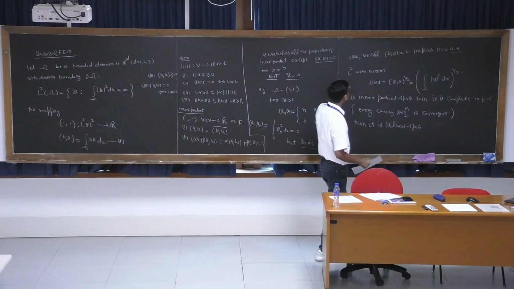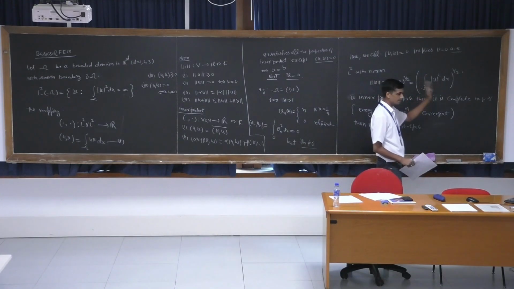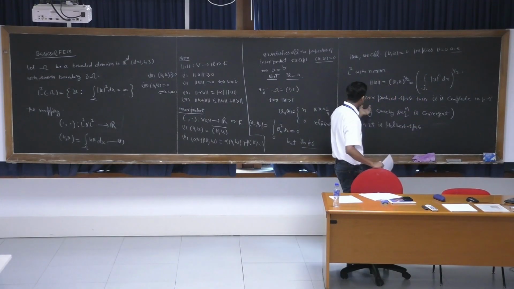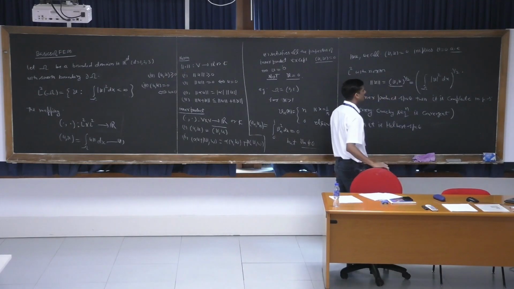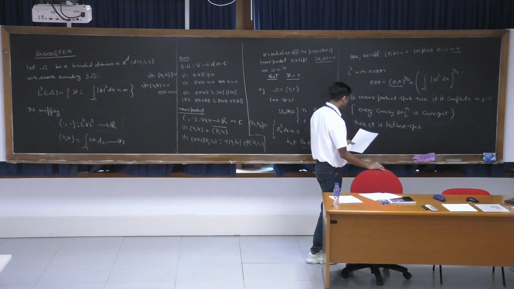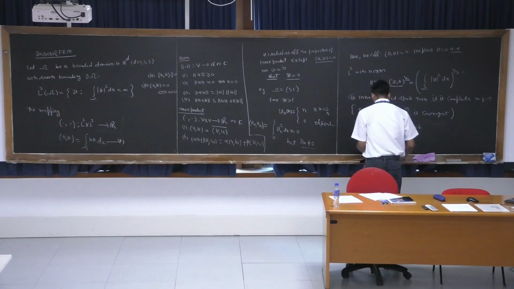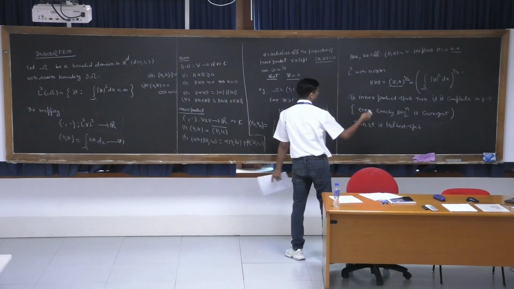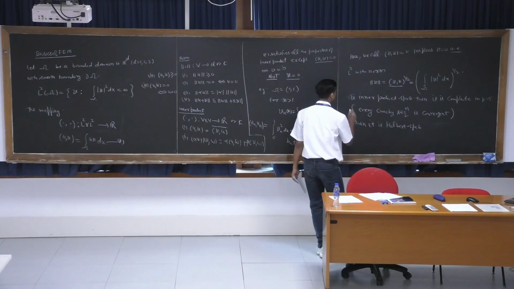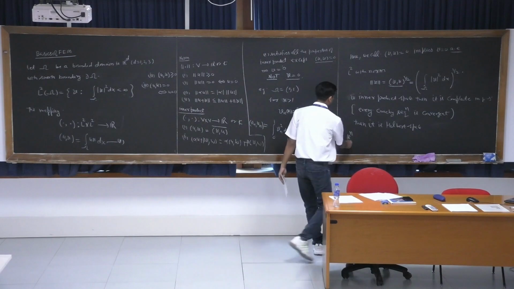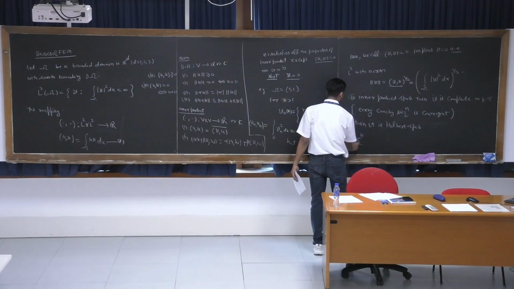Okay. So with this norm, you can easily prove that this is complete, and then it becomes a Hilbert space. There are also many other examples of Hilbert spaces. Rn is a Hilbert space. Cn is also a Hilbert space.